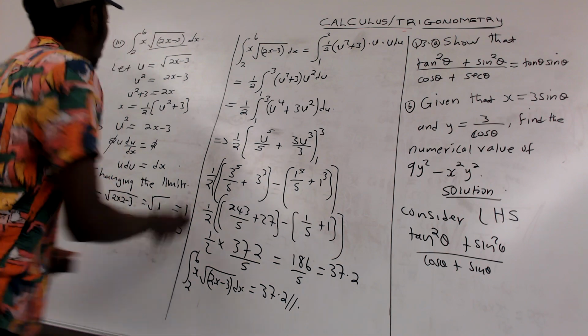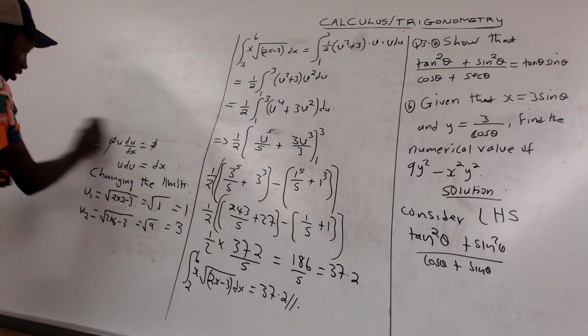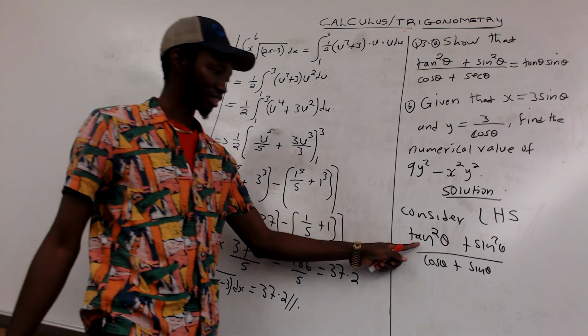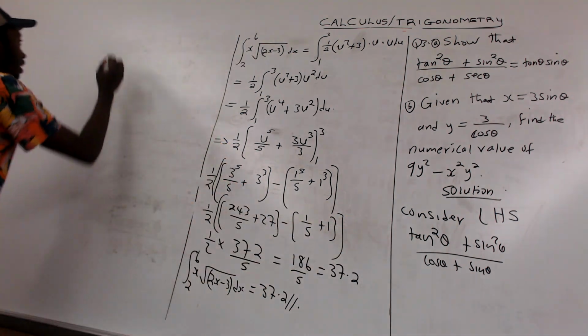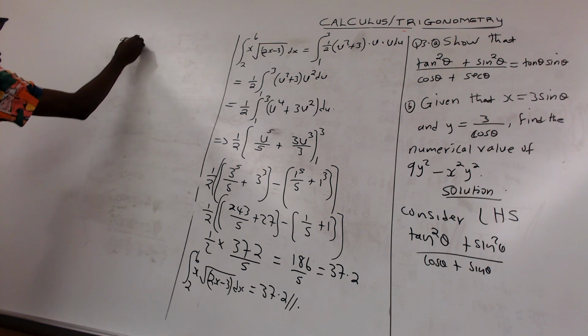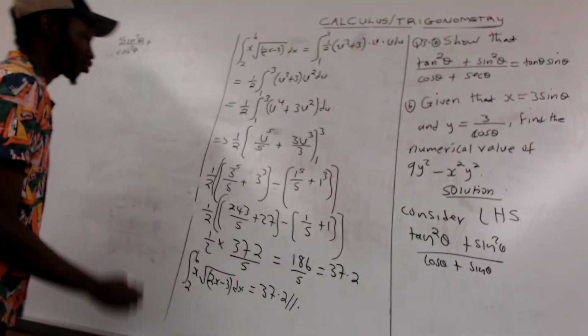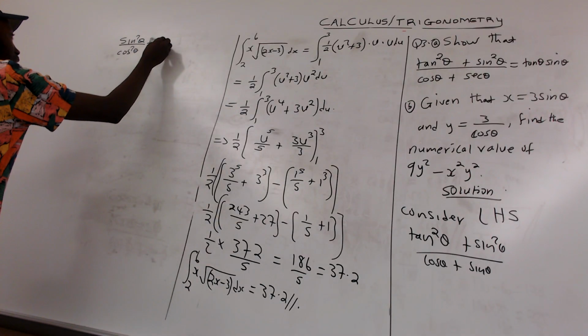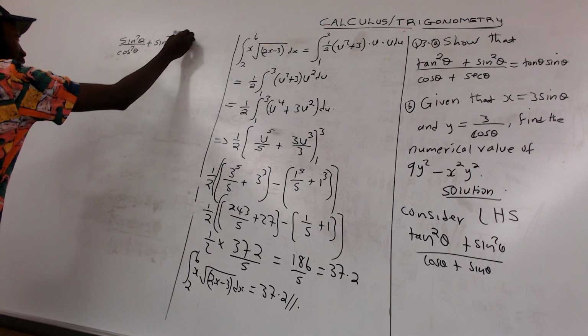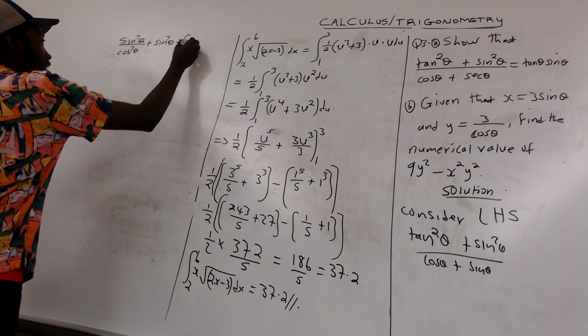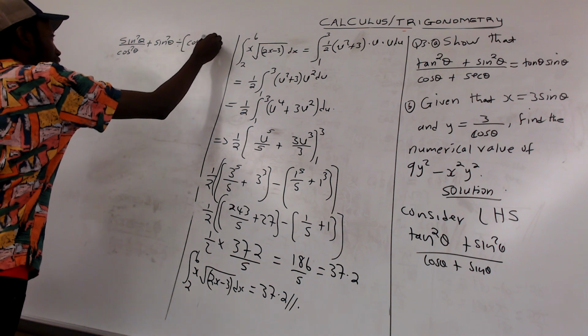So let's work it here. We need to know the identity for tan square theta. Tan square theta is the same as sin square theta all over cos square theta plus sin square theta, and we write the division sign, and we have our cos theta plus sin theta.